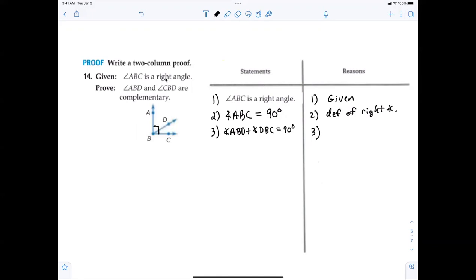What is that called? Definitely not substitution. We're not talking about segments. Yeah, there you go, that's exactly right. We introduced the segment addition postulate, which is the same as the angle addition postulate. That is true. Angle addition postulate. That's what we have.